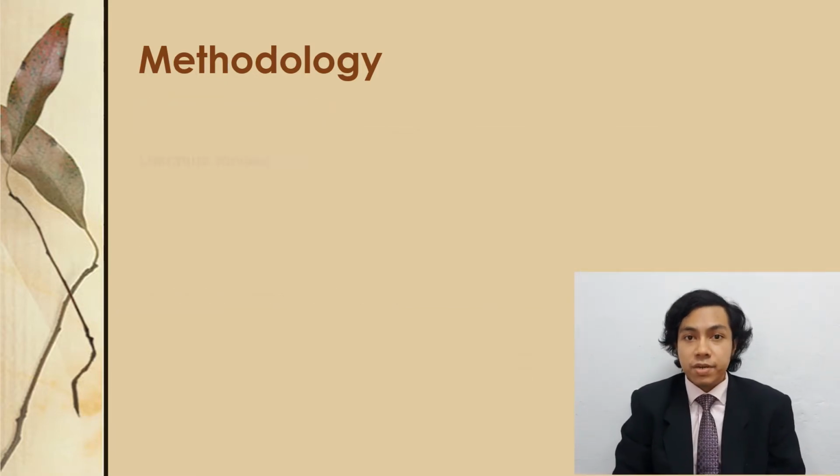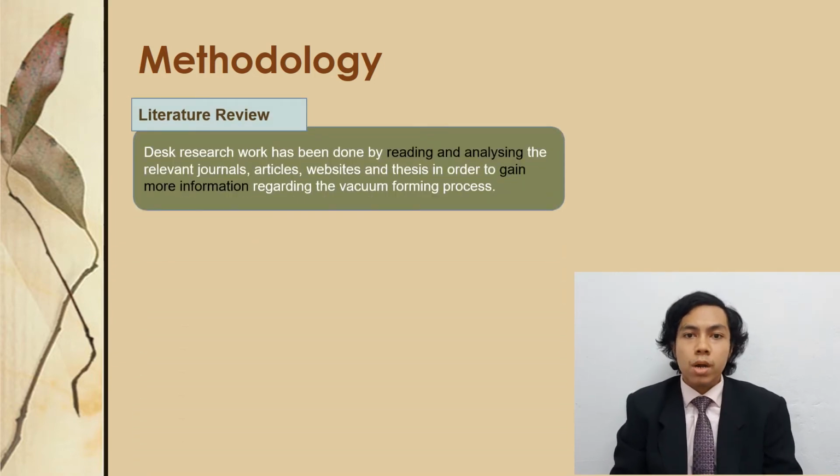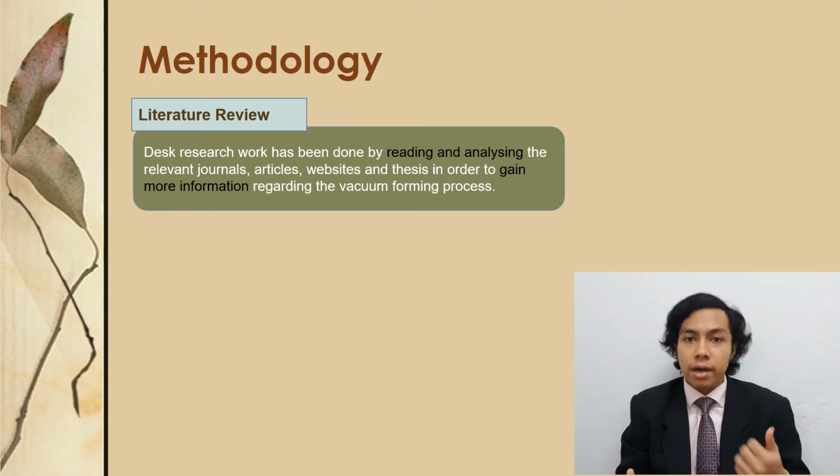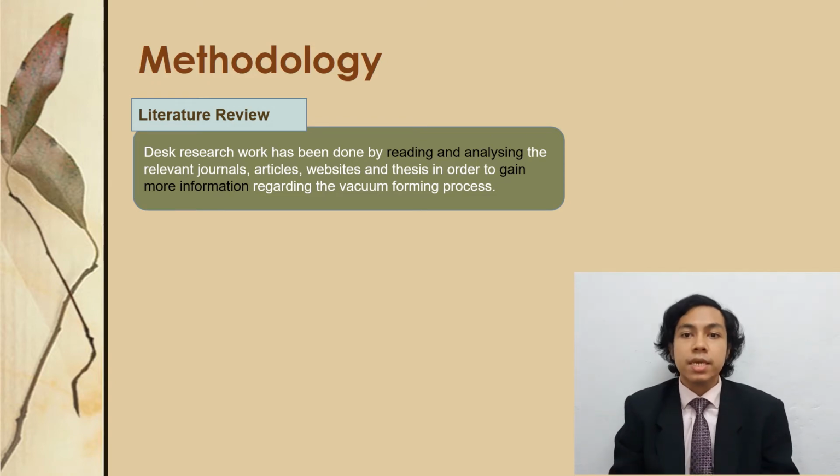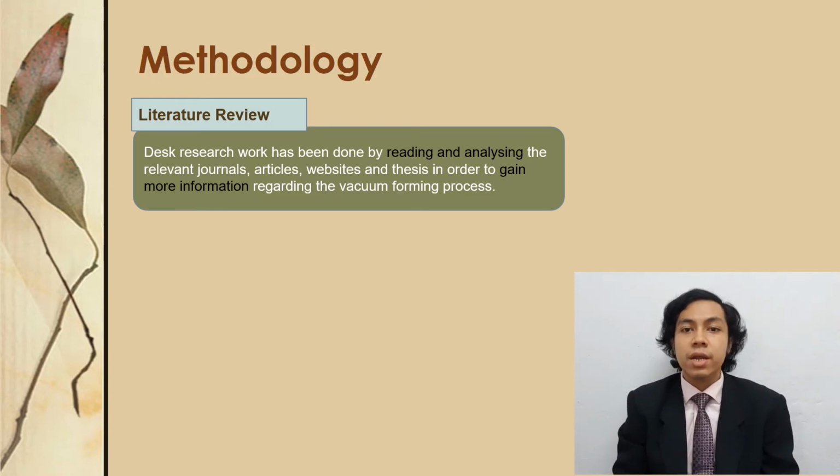Next is the literature review. This research work has been done by reading and analyzing the relevant journals, articles, websites, and theses in order to gain more information regarding the vacuum forming process.